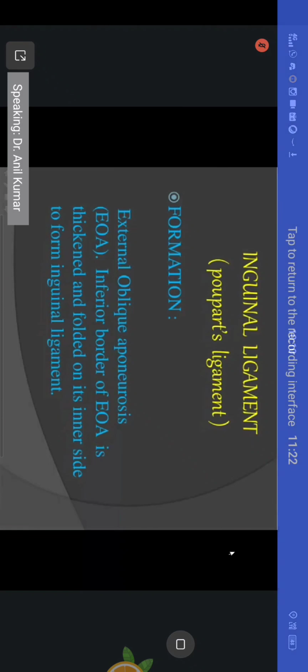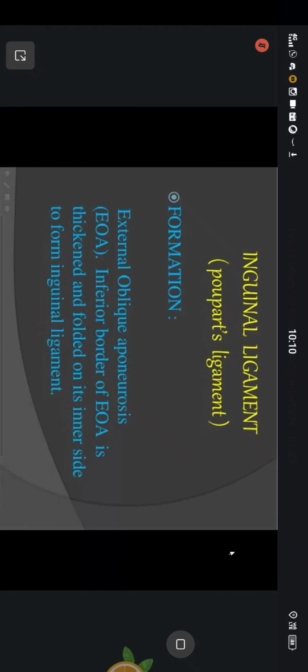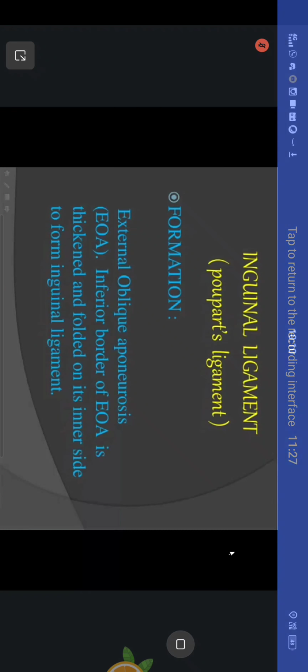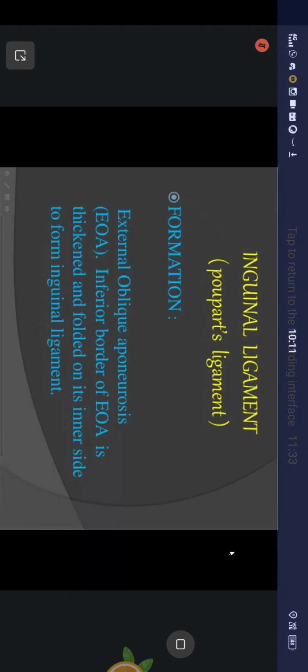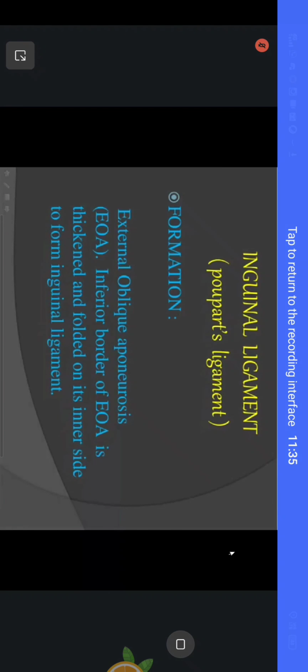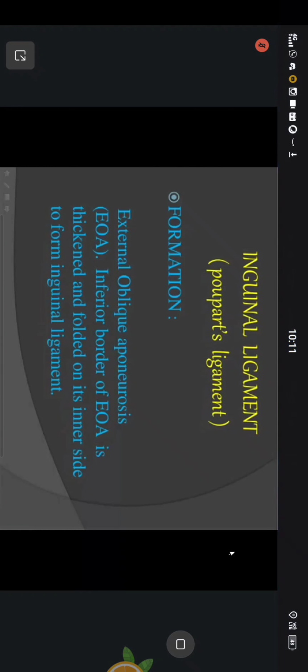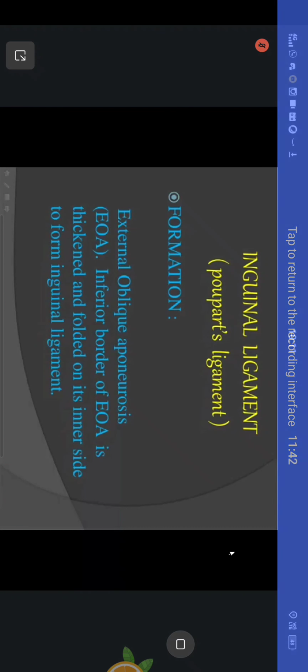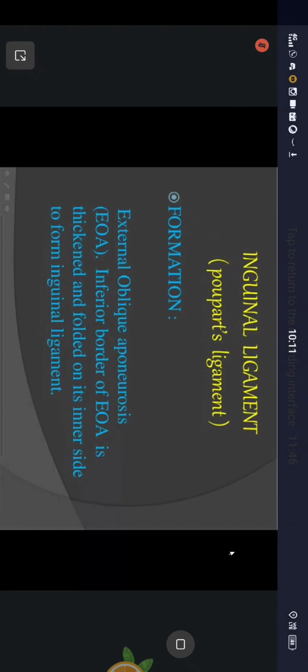Am I clear regarding these words? In the lower part of this external oblique aponeurosis, it is thickened and folded on its inner side to form a ligament called the inguinal ligament.